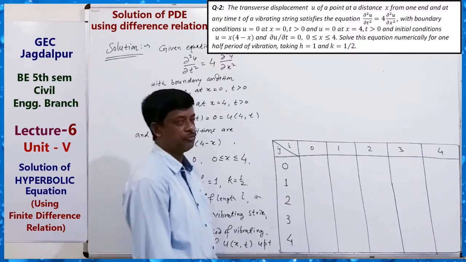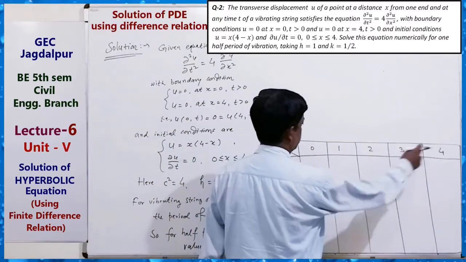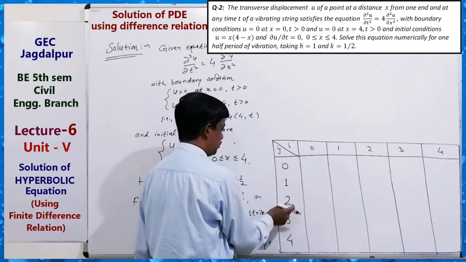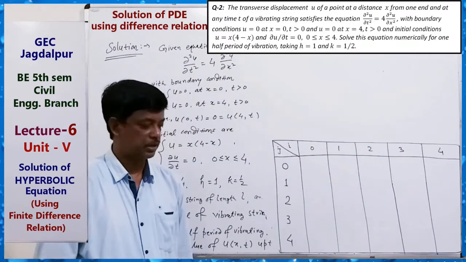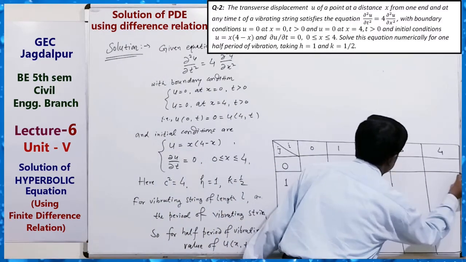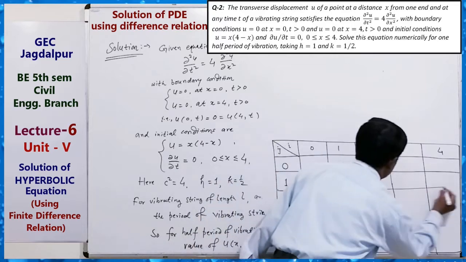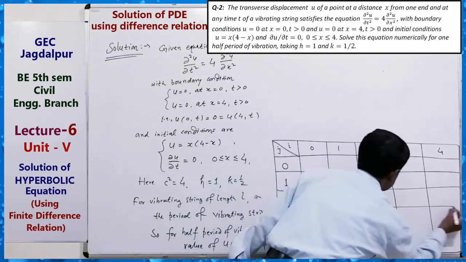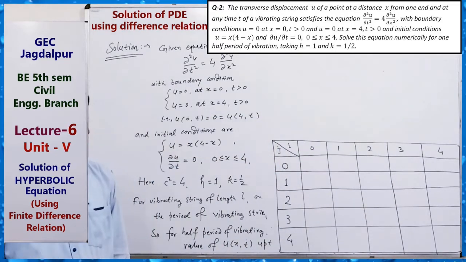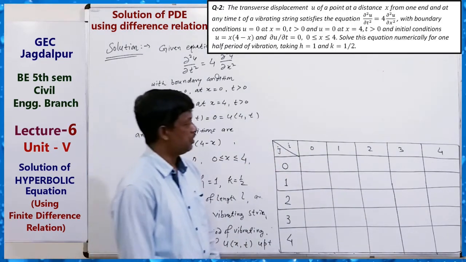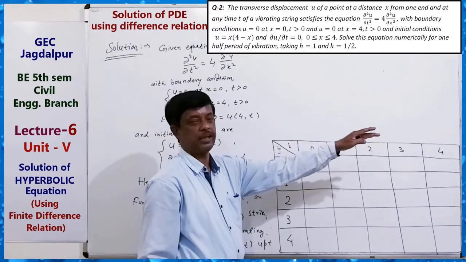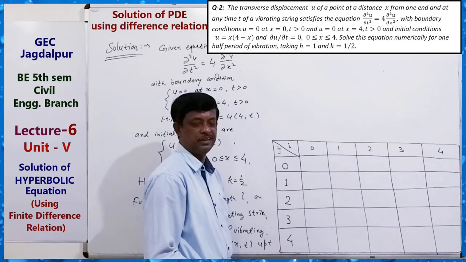This is our format. You can also draw it like this, so the values will be clearly visible. We just have to fill this table. This is the value of i for x and j for t.